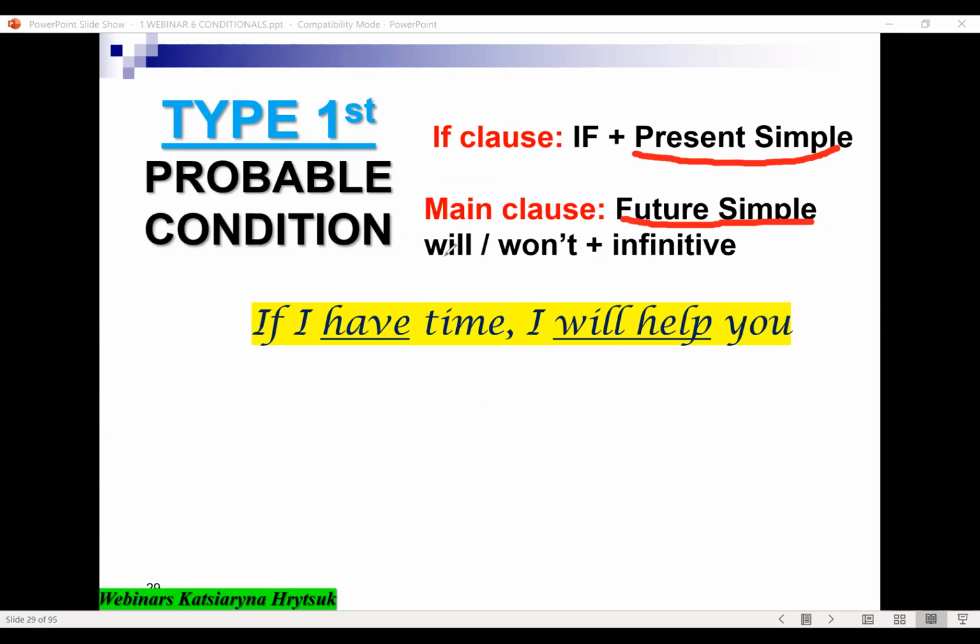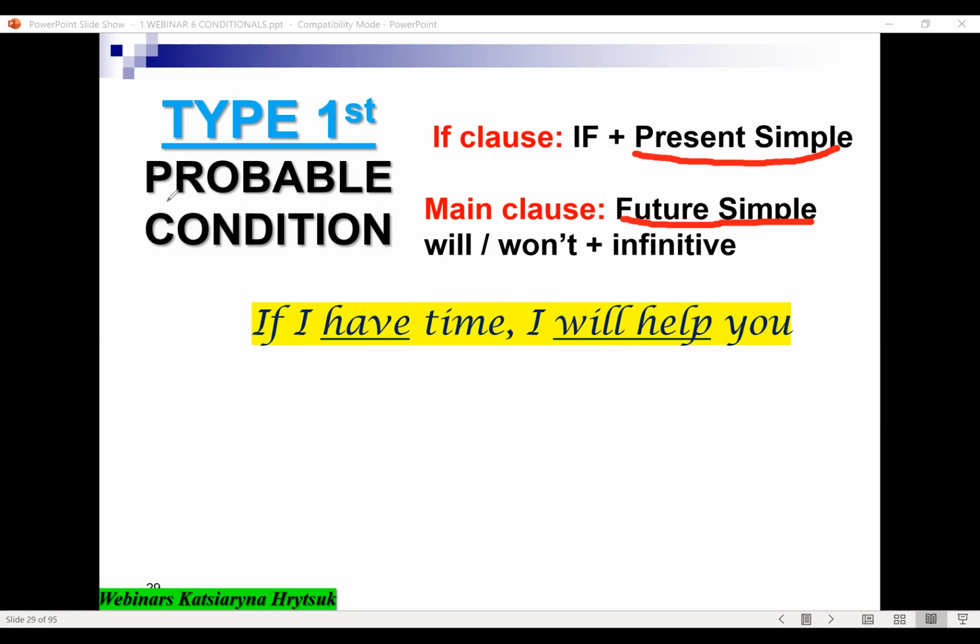It's will or won't if it's negative, plus infinitive. We use type 1 for a probable situation in the present. Maybe it will happen, maybe it will not.